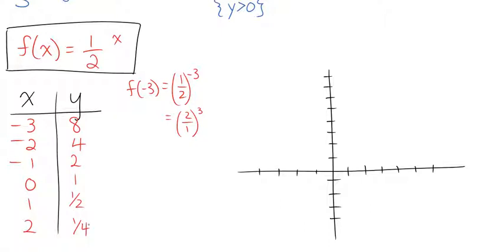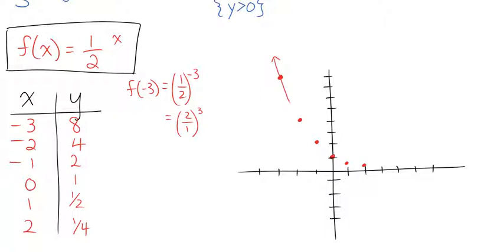So pretty much the opposite of the other one we just did. When we're at -3, we're at 8. Here, at -2, we're at 4. At -1 it's 2. At 0 it's 1. Then 1/2, 1/4.